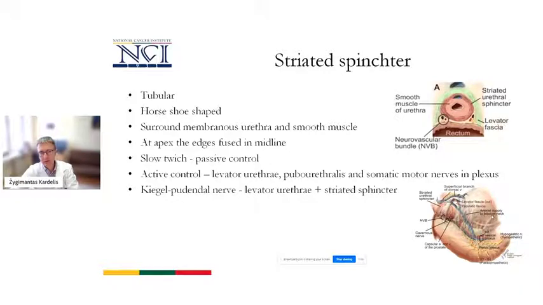The striated sphincter is tubular, horseshoe-shaped, and surrounds the membranous urethra and smooth muscle at the apex, with the edges fused in the midline. It has slow-twitch fibers for passive control and active control, involving the levator ani, pubourethralis, and somatic motor nerves in the plexus, the pudendal nerves, and the striated sphincter.